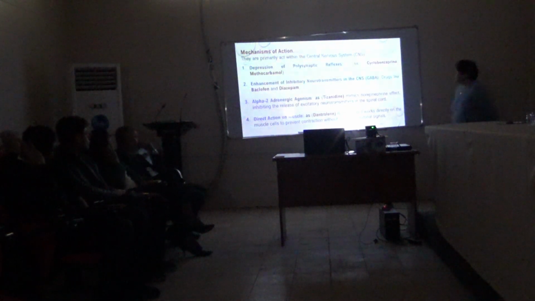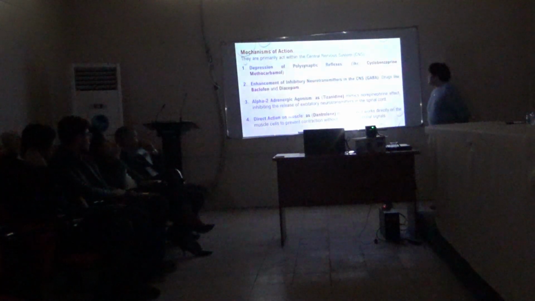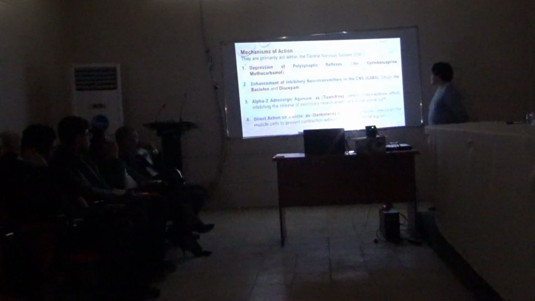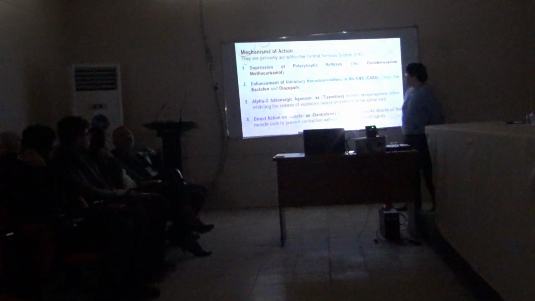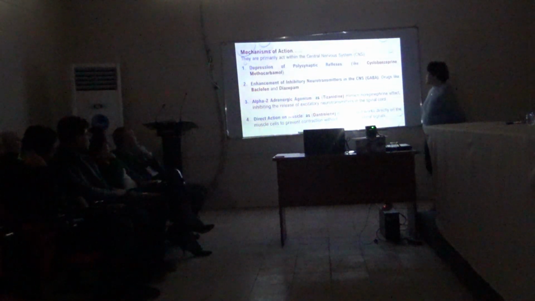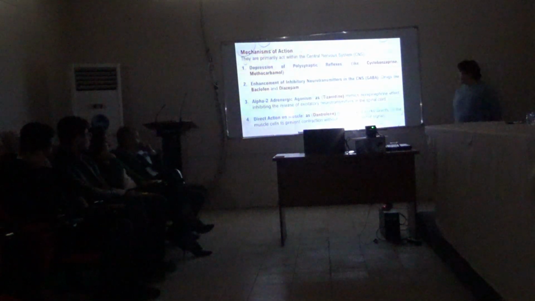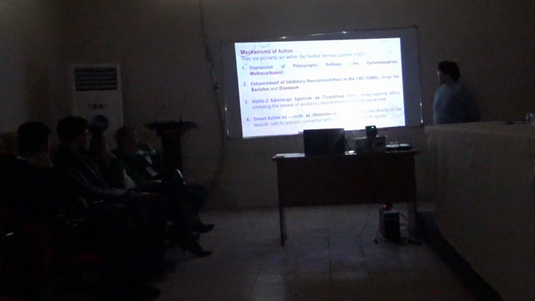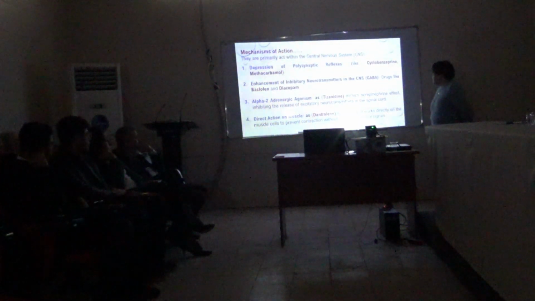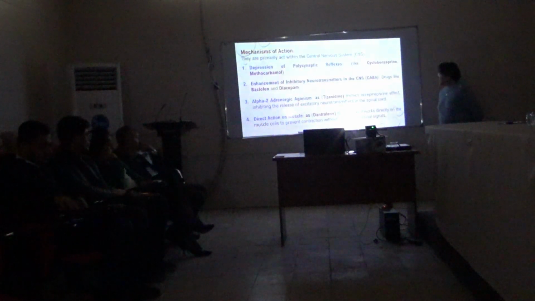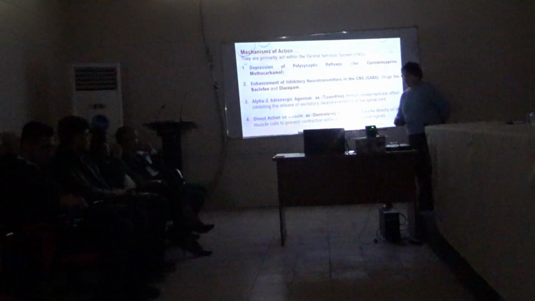Third, alpha-2 adrenergic agonism, as with tizanidine. It mimics the norepinephrine effect and inhibits the release of excitatory neurotransmitters in the spinal cord. The fourth action is direct action on the muscle cells, like dantrolene. It's unique as it works directly on the muscle cells to prevent contraction without affecting the neuronal signal.